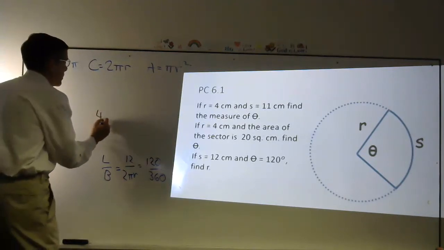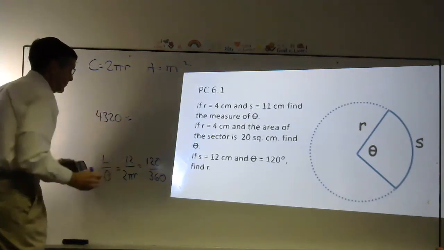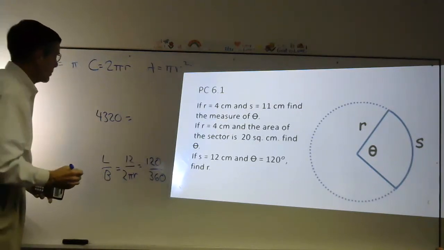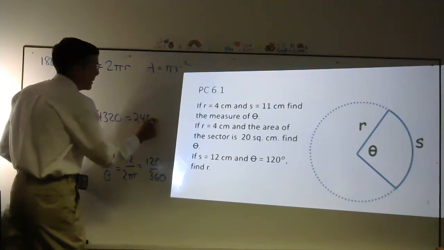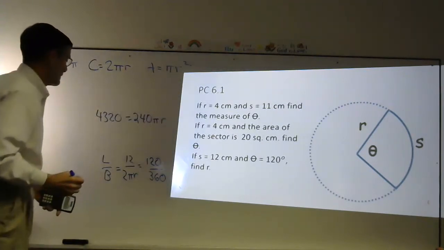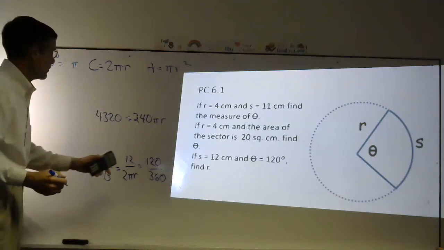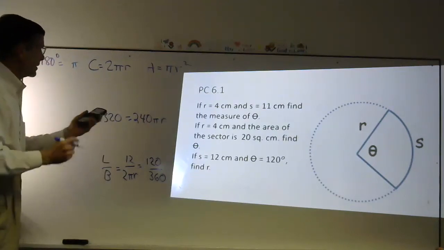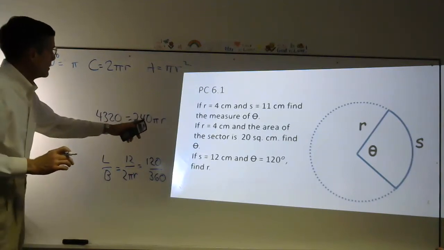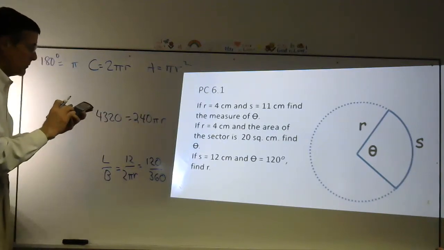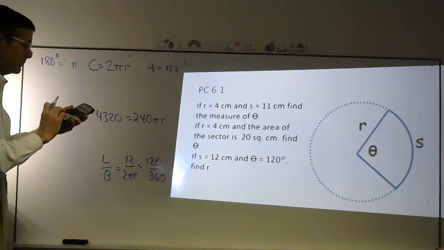is 4320, which is equal to 2 pi r times 120, which is 240 pi r, right? So now, to solve this equation, I want to take 4320 divided by 240 pi. So I'll use parentheses and put 240 times pi.